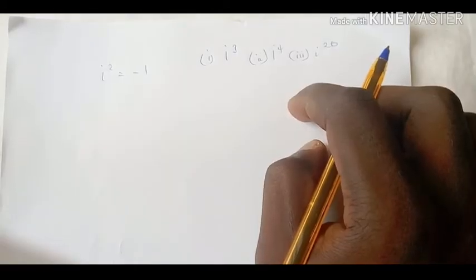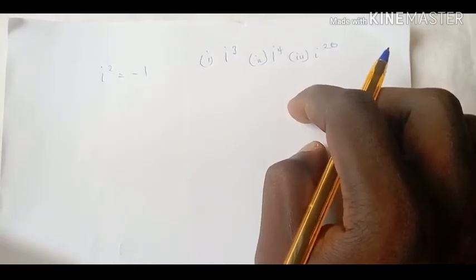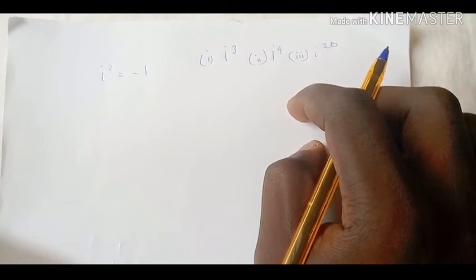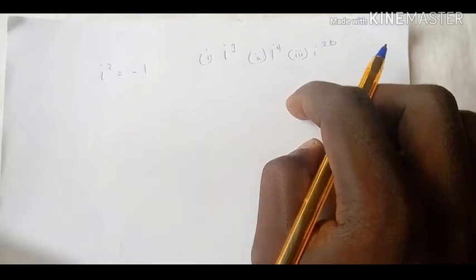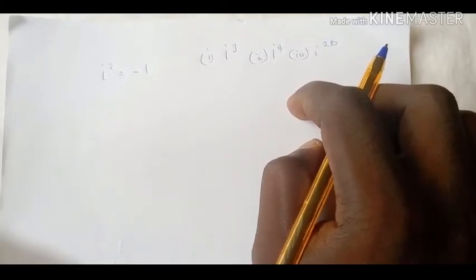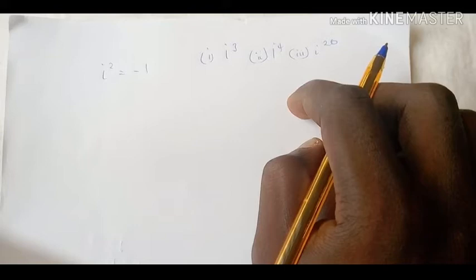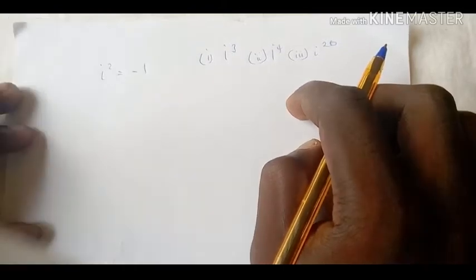Alright, so let's just play around with i again, the imaginary unit. We said i squared is equal to -1. Now, what if you are asked to find i cubed, i to the 4, i to the 20?